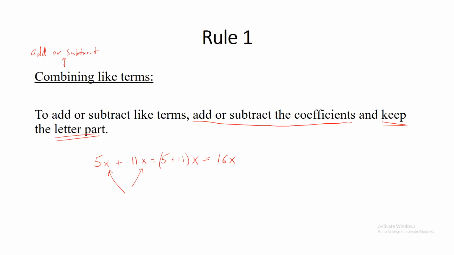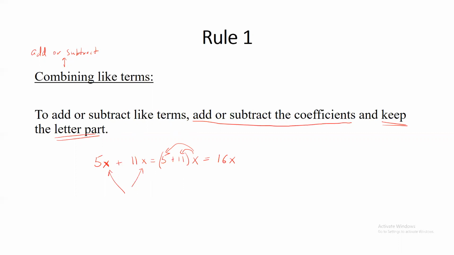Notice that it makes perfect sense why this is acceptable, because if we wanted to use the distributive property, x times 5 plus x times 11 gives us 5x plus 11x. Think of it as undistributing the common factor x.